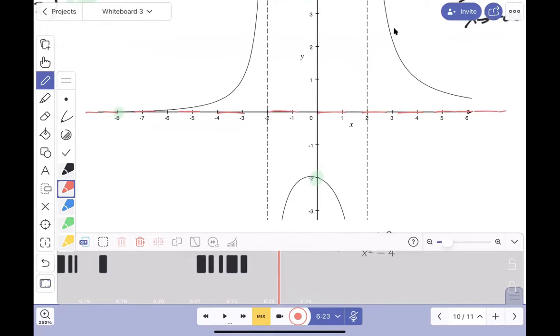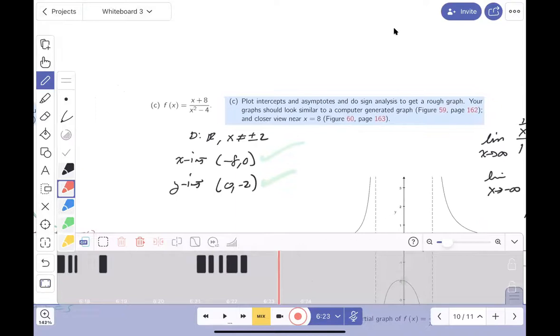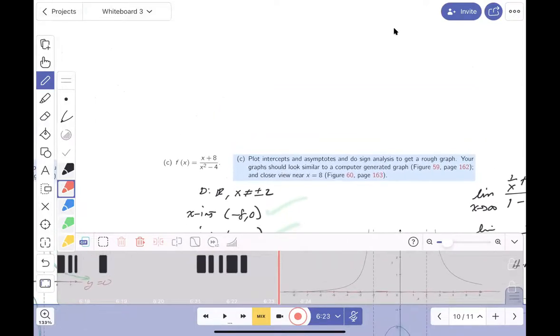All right, let's go to our next thing. I know it's tough. I'm going to look at sign analysis. All right, I'll put this over here for you, and put a little number line down. And I can say plus or minus 2, and minus 8. Well, you know what? I got to do that again. Minus 8 here, and then plus or minus 2.